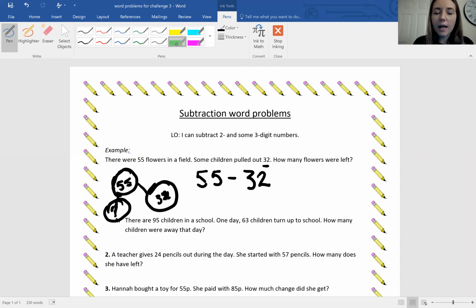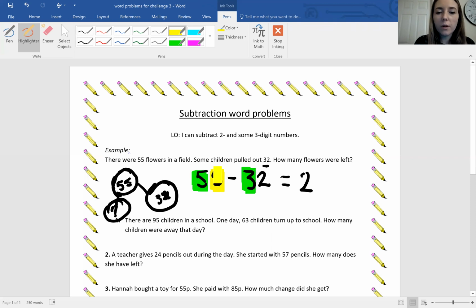And then I can use the abstract, can't I? So I can say, I've got 5 tens and I need to take away 3. And that's going to give me 2 tens. And I've got 5 ones, sorry, I'm taking away 2 ones. And I know I'm going to be left with 3 ones. So my answer in the part-whole model is 23.